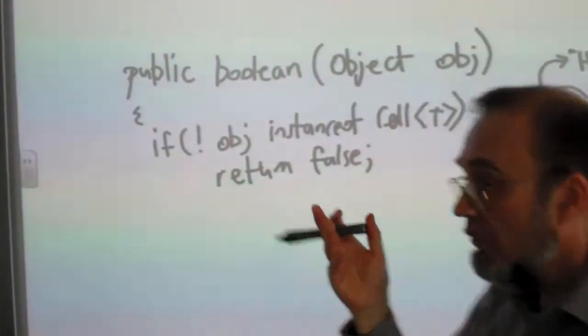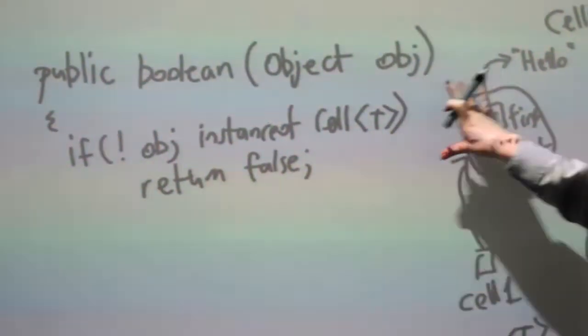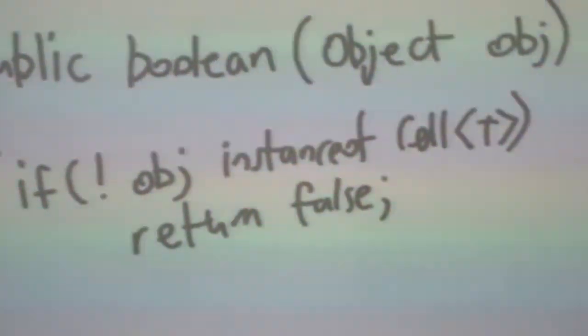First of all, although the argument type is Object, a Cell is only equal to another Cell. If it's not equal to a Cell, we return false.